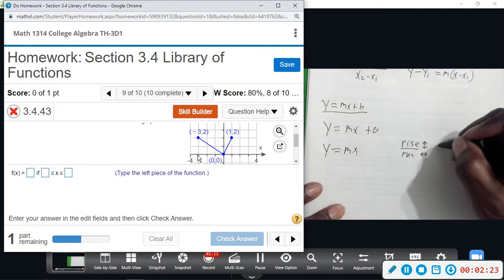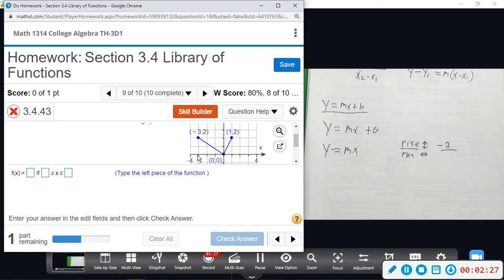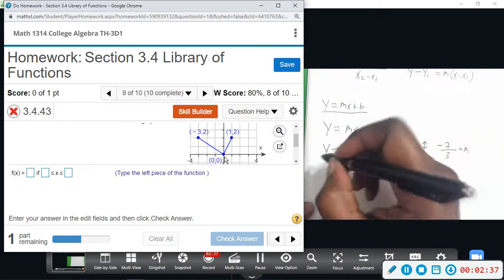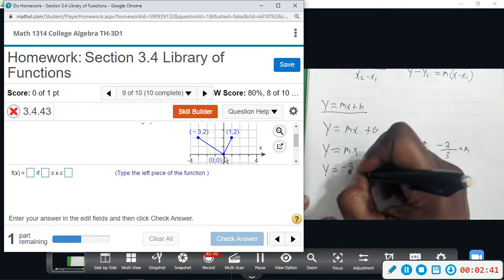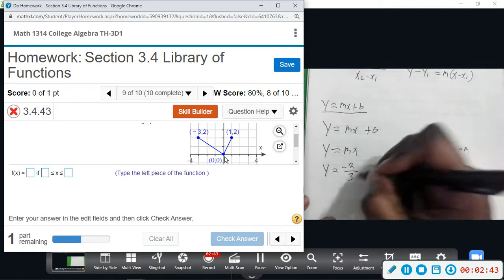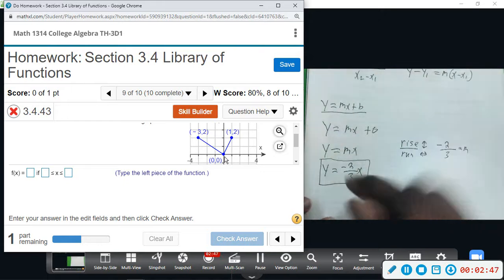So we went down 2, that represents a -2. And then we go right 1, 2, 3. So we went right 3. So your slope for that first line is -2 over 3. So y equals -2 over 3, and then you add your x at the back, and this is one of those equations.